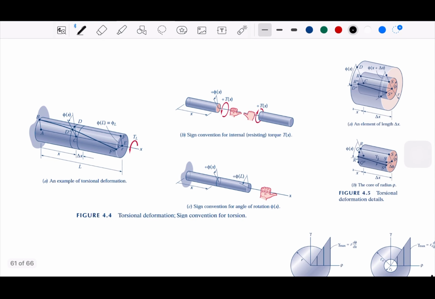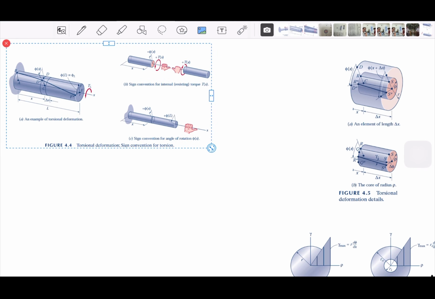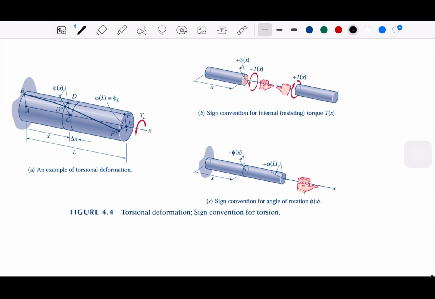Okay. Now see this first. See these conventions here. Let me just make it a little bit smaller. So we are going to see an example here for torsional deformations. It's a little bit complex, but since this is the twisted line, right, let's say we are going to take a sample from this middle point here.